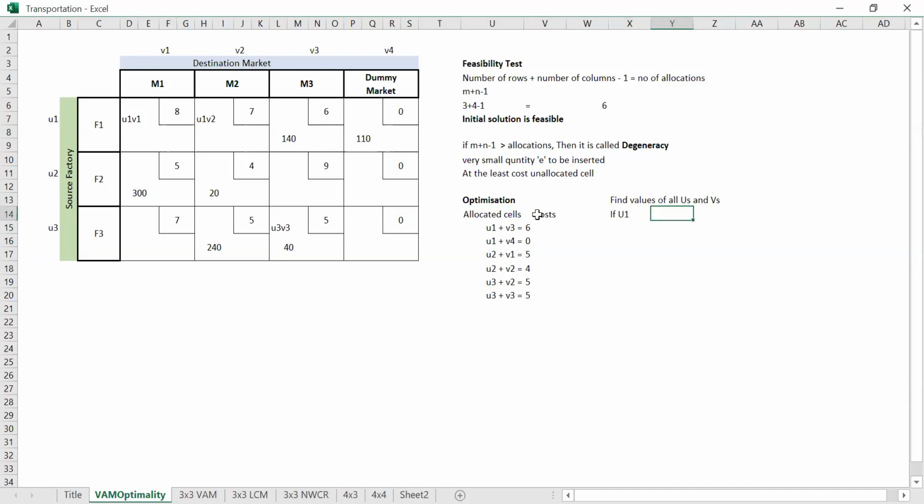So if U1 is equal to 0, what are the values of U2, U3, V1, V2, V3, and V4?